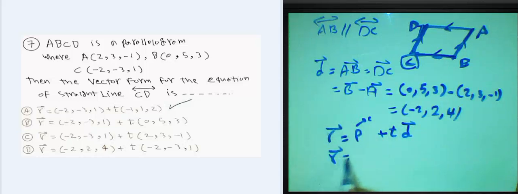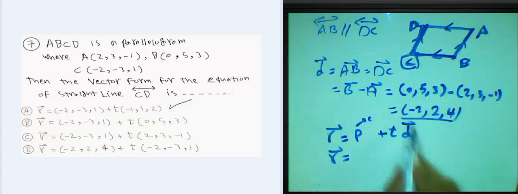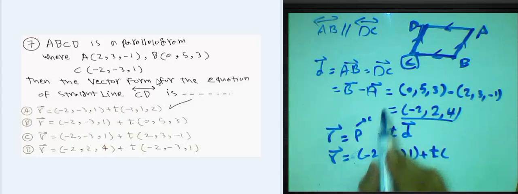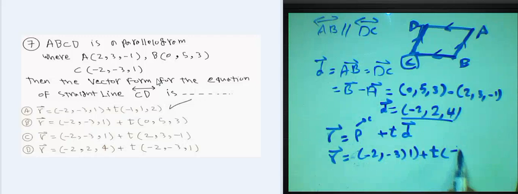Then R will be equal to point C here, where point C, look here with me, is negative 2, negative 3 and 1, plus a constant T multiplied by the vector D. Vector D equals negative 2, 2 and 4.